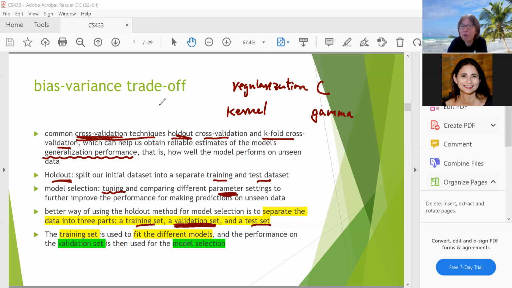Those parameters are called hyperparameters. We want to find the best ones that give us the best result. For that, if we add a validation set, it can help in that regard.